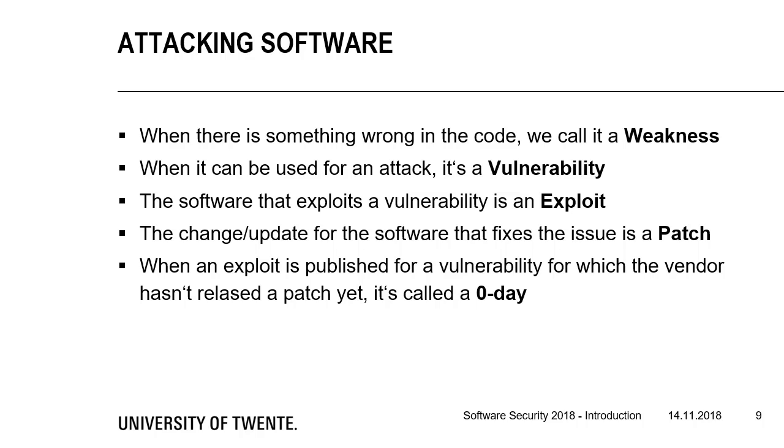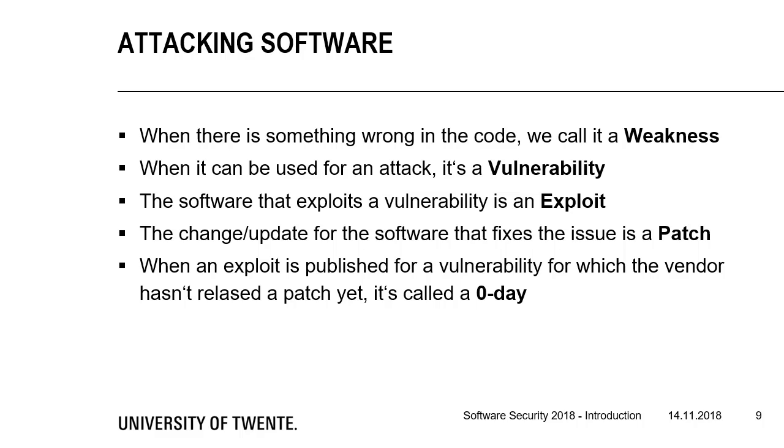And when I write software that exploits that vulnerability, we call that piece of software an exploit. So an exploit is a program that I run that will in general use another program, locally or through a network connection, and will make that program do something it's not supposed to do, so that I get more privileges than I'm actually allowed to have. And when the programmer fixes that weakness or vulnerability in the code, we call that a patch.